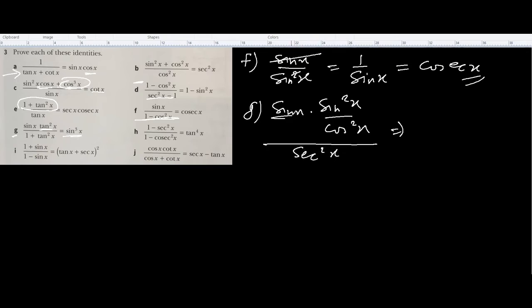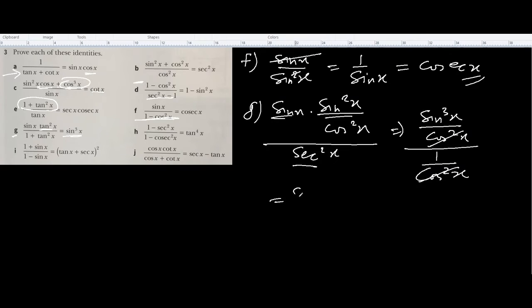Now the numerator sin x and sin square x will make it sin cube x over cos square x, and secant square is reciprocal of cos. So we can write 1 over cos square x, and denominator of numerator, denominator cancel out. We are left with sin cube x, which is RHS.